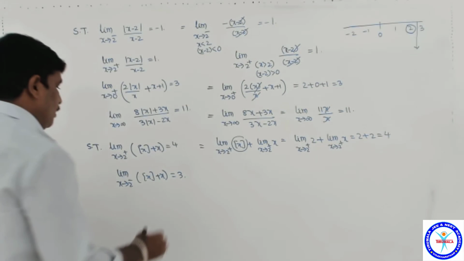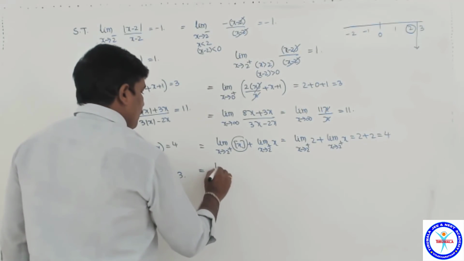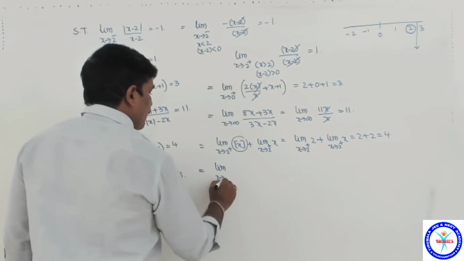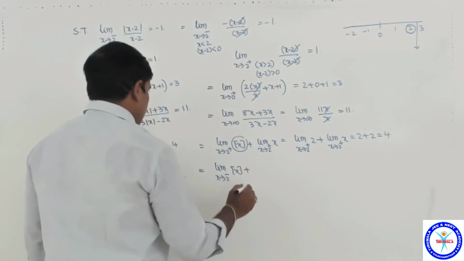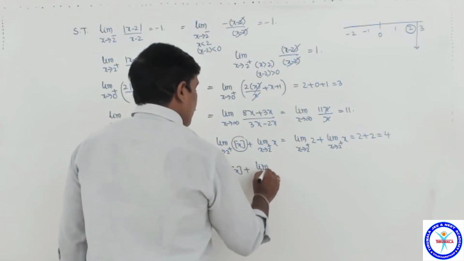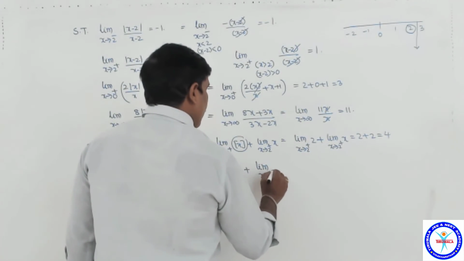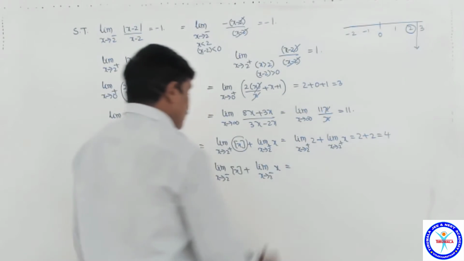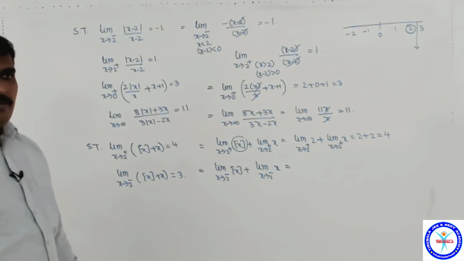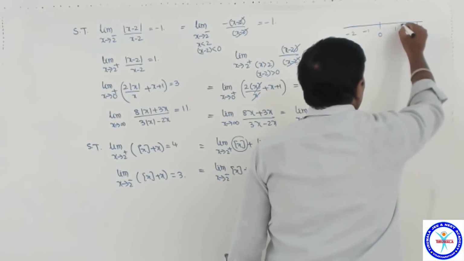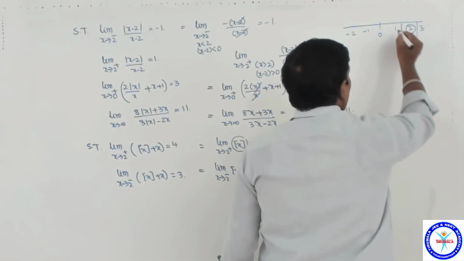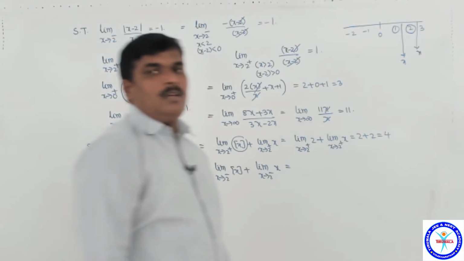Now here also this is equal to limit x tends to 2 minus integral part of x plus limit x tends to 2 minus x. This is equal to here x less than 2. X less than 2 means here x lies here. What is the before integer? 1.